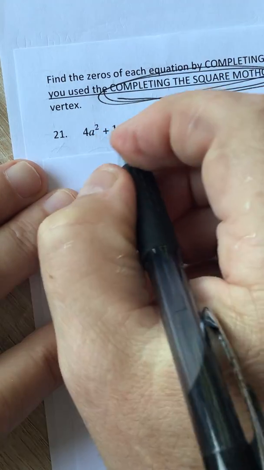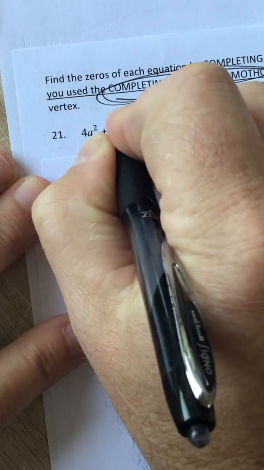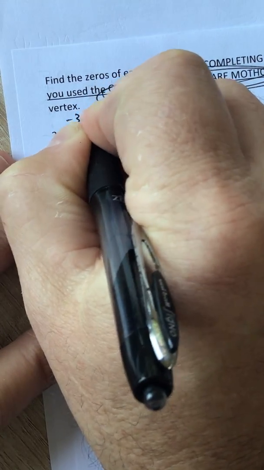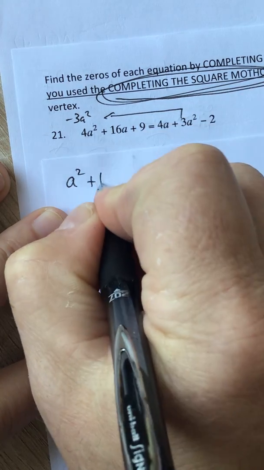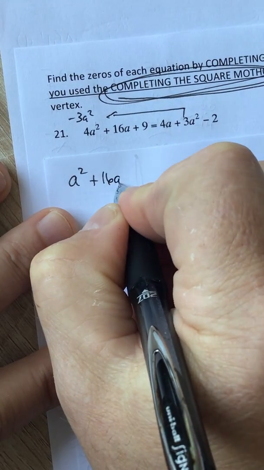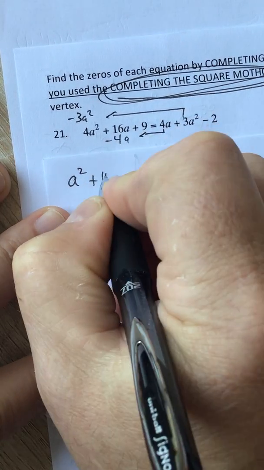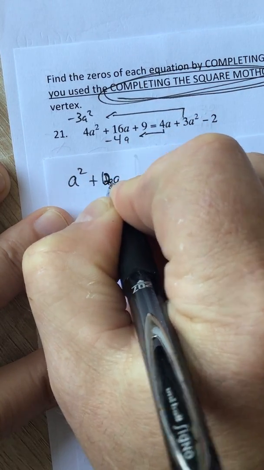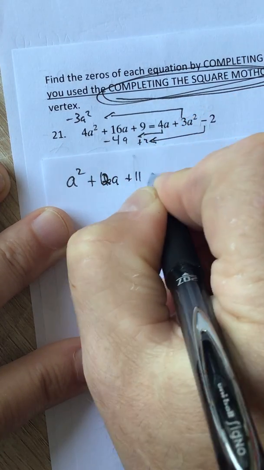Okay, so let's see here. We'll move this to the other side, so minus 3a squared. So really we have a squared plus 16a. Oops, nope. Minus 4a there, so it's really only 12a. And then add 2 plus 11 equals 0.